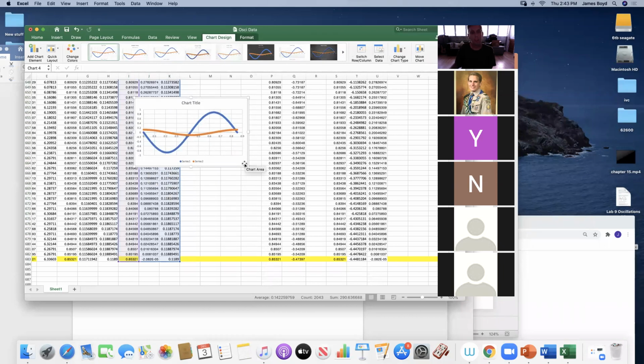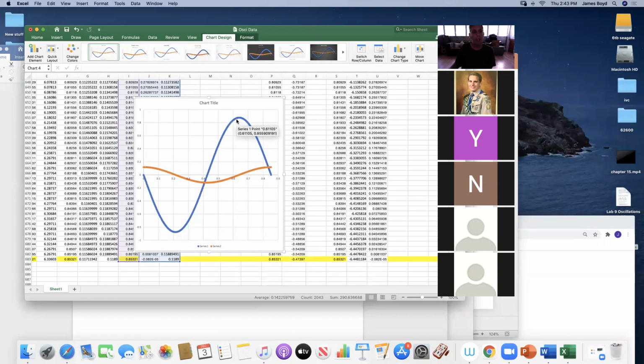Now, you can make this as big as you want, but notice the scale here. This is your Y equation and your V equation versus T. Which one's which?